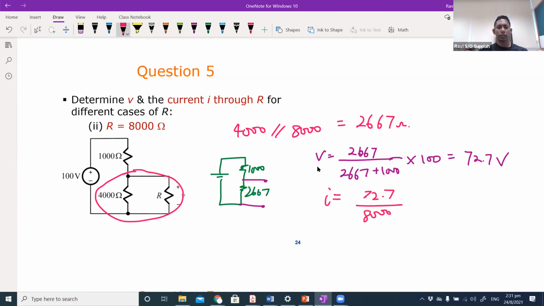So this is the current through the resistor. When I connect the load here of 8,000 ohm, what is the current that flows through? So that will be 9.09 milliampere.